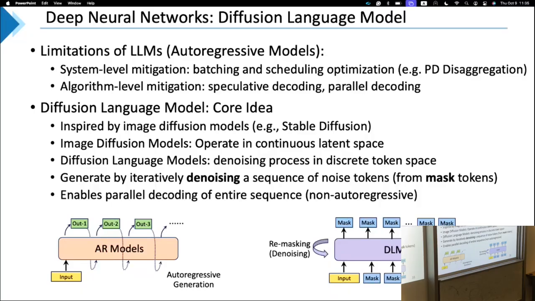So we still have data dependency: the generation of the next token depends on the completion of the previous tokens. This data dependency affects the processing speed.